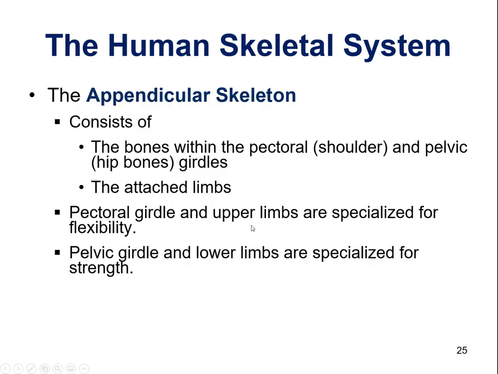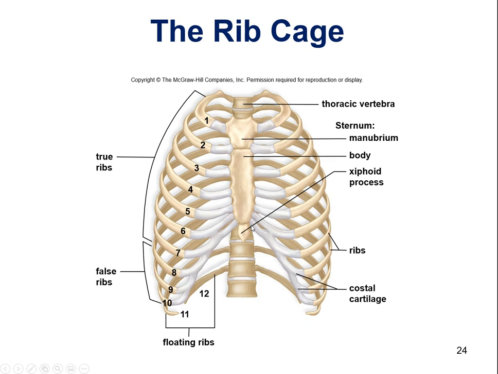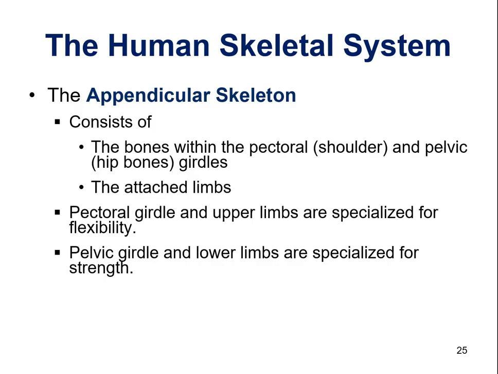Okay, now, that was all axial skeleton, right? We described some bones of the skull, facial bones, which are all part of the skull, right? Cranial bones, facial bones, part of the skull. We talked about the vertebral column, different segments of the vertebral column, and then we talked about the rib cage, okay?